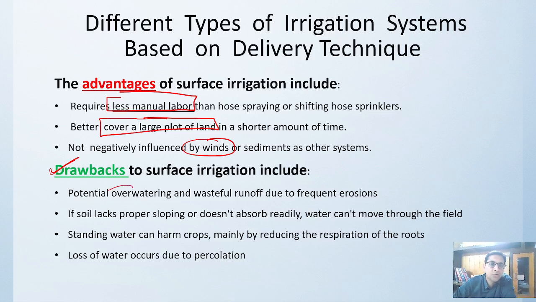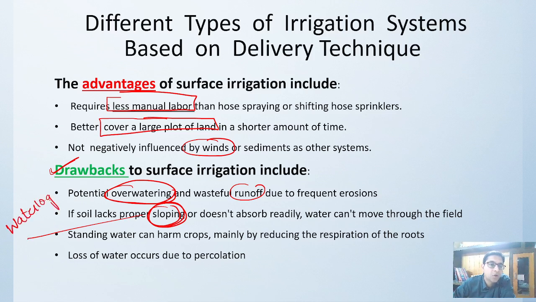Sometimes you overwater the field. Okay, water that is not even required, so it leads to wasteful consumption of water. And if the field does not have a slope, the water will not move, and waterlogging will happen.